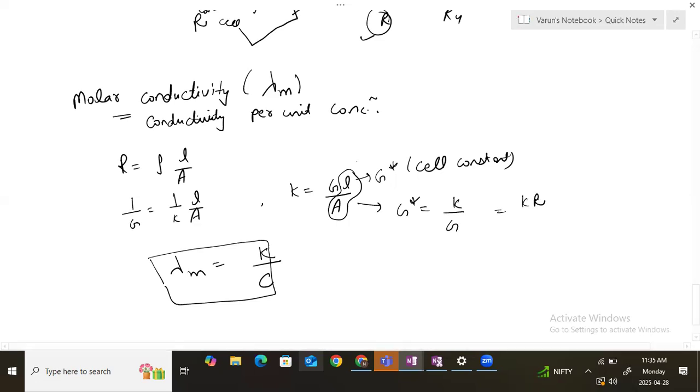If I have two same cells, it means the value of L and A will be same. So if their cell constant will be same, then you can use directly the relation as this.